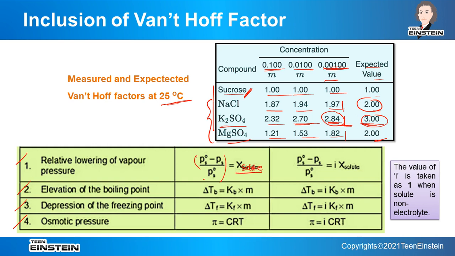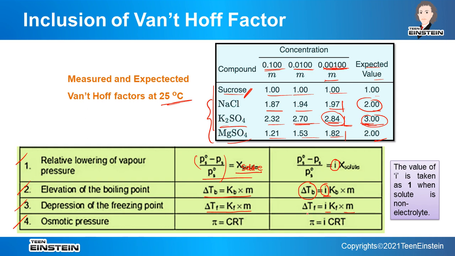This is the normal case, but when there is dissociation or association, we have to multiply by I. In each case, del Tb is equal to Kb into m, del Tf is Kf into m, but now we have added I. So the colligative property that we get when there is association or dissociation, we can get the actual correct value only after we multiply by this I.